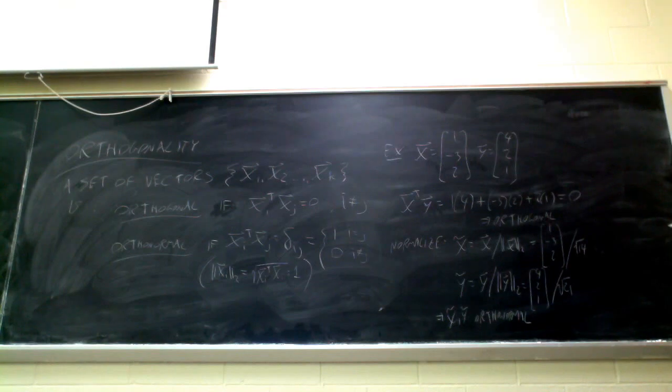Now, here we have orthogonality of individual vectors. We can also extend this concept to describe what it means for 2 subspaces to be orthogonal to one another.